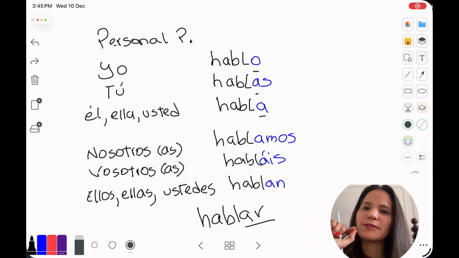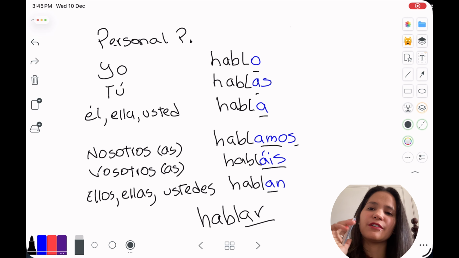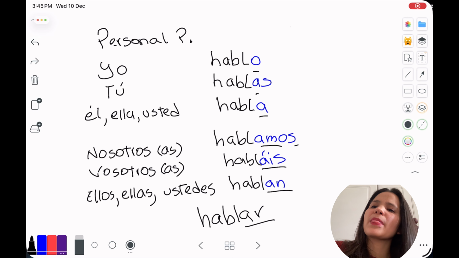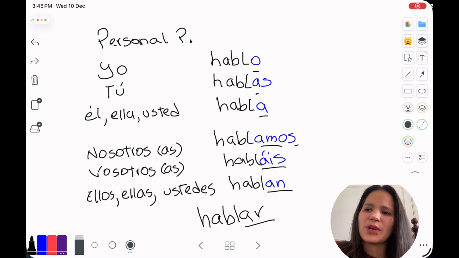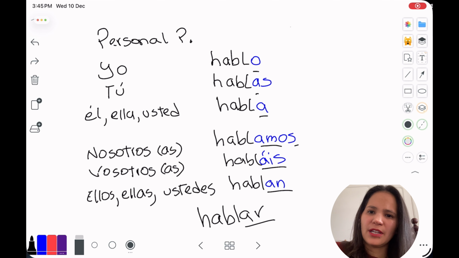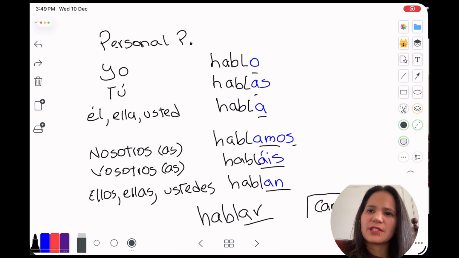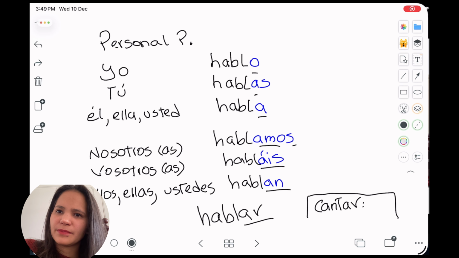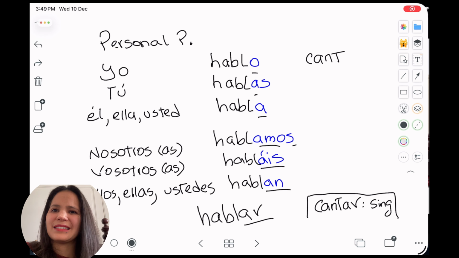Okay, so notice that for every personal pronoun, we have a different conjugation. So once we learn this, it's easy to change the rest of the regular verbs ending in AR because we follow the same pattern. So let's take, for example, the verb cantar. We have the same ending, AR, so we replace it with the pattern, okay?